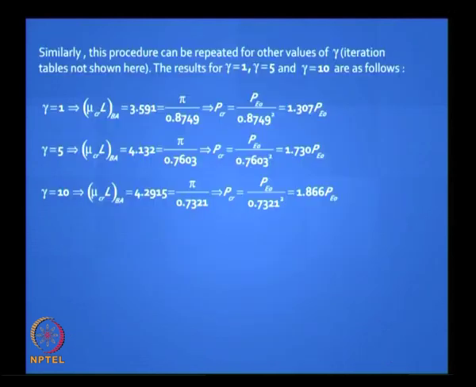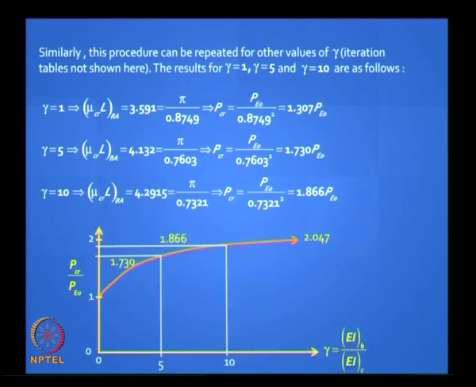You repeat this exercise for the other gamma values, and finally you draw a plot, and the plot is going to look like this. On the x axis I increase the beam stiffness, beam rigidity relative to the column rigidity, the starting value is pi squared EI by L squared.